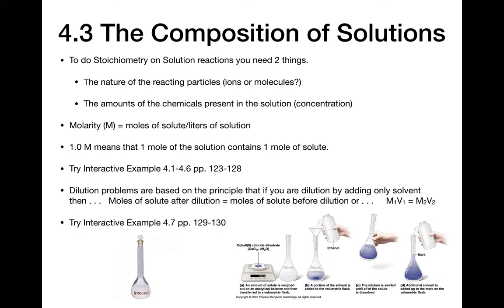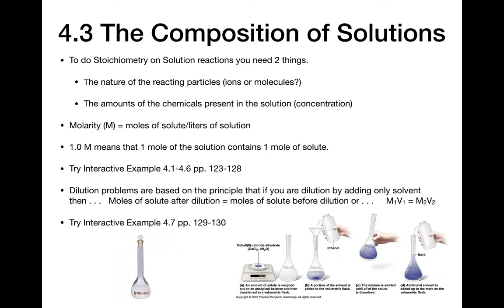When it comes to the stoichiometry of solutions, we have to have a way to take a solution and find the number of moles of solute in that solution. To do this, we use the concentration unit molarity. To do stoichiometry in solution, you have to first ask yourself, what are the particles that are reacting?